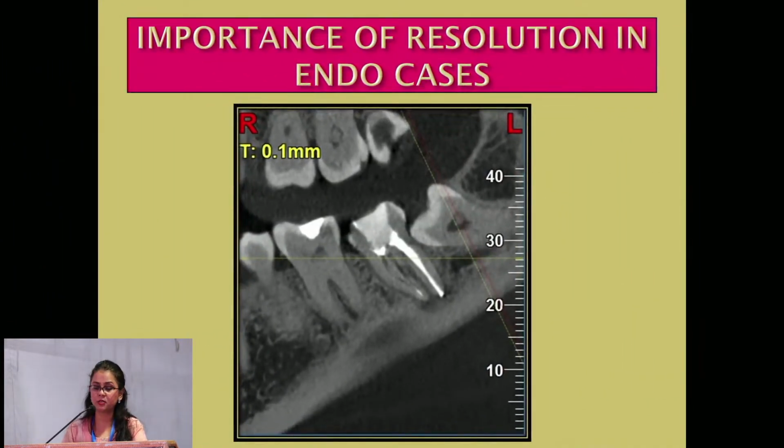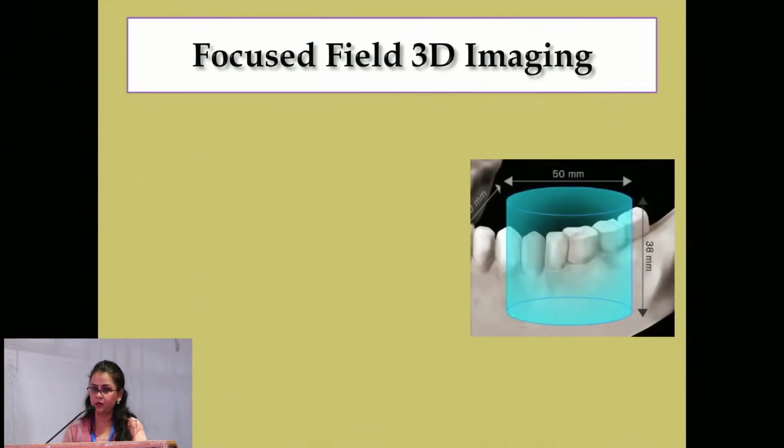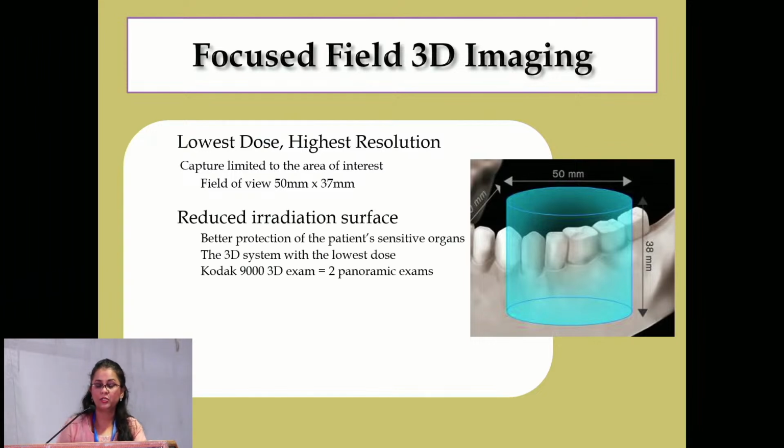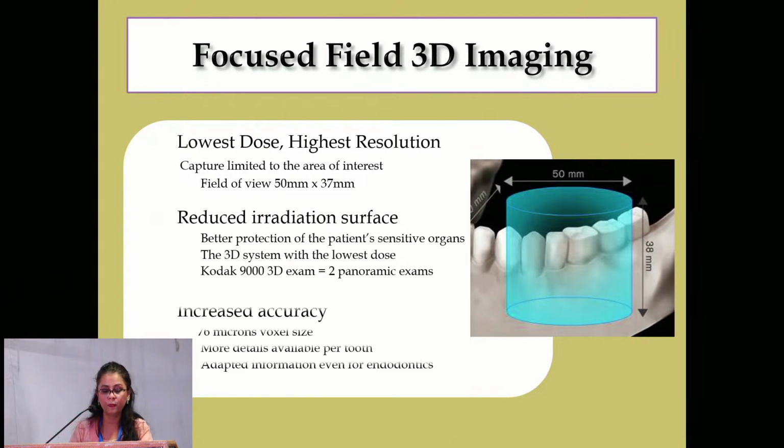So resolution, as I told you, plays a very important role as far as endo cases are concerned. You actually need scans which are of high resolution, in a small field of view, and high resolution in the sense that it should be a 76 micron voxel size.